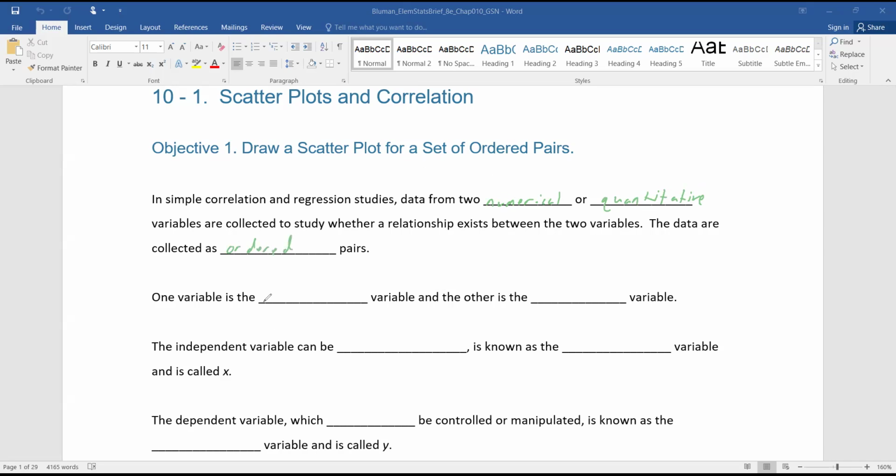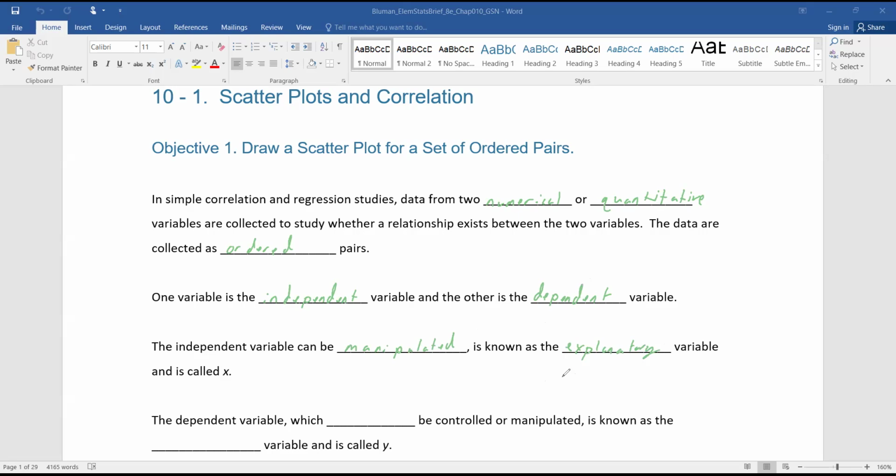One variable is the independent variable, and the other is the dependent variable. The independent variable can be manipulated, is known as the explanatory variable, and is called x.